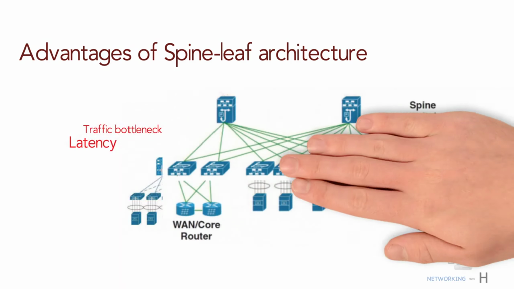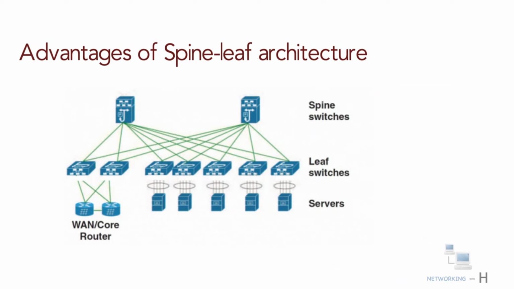With a spine and leaf architecture, no matter which leaf switch a server is connected to, it has to cross the same number of devices every time it connects to another server. The only exception is when the other server is on the same leaf. This approach keeps the latency at a predictable level and minimizes bottlenecks.